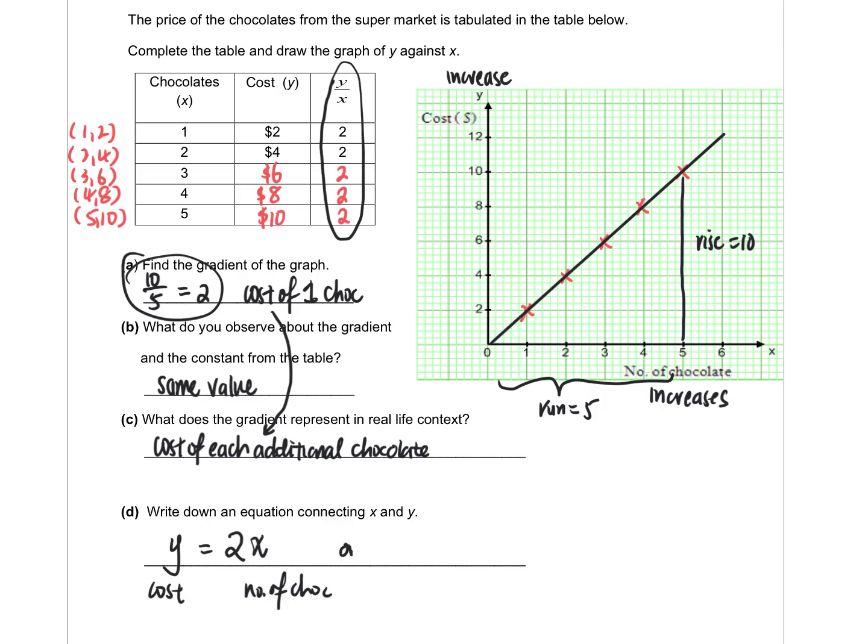Or if you prefer to write x first, the number of chocolates is always half the price. That can also work, so either one is the correct equation. But we are more used to writing it this way. This one is the preferred.